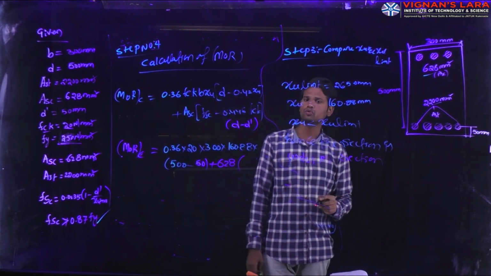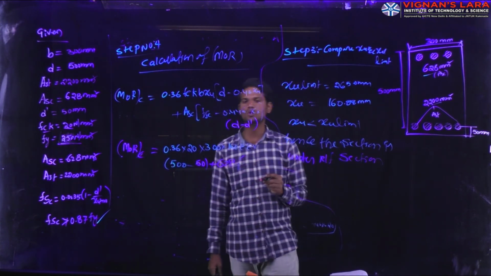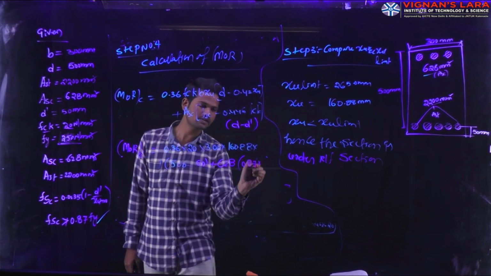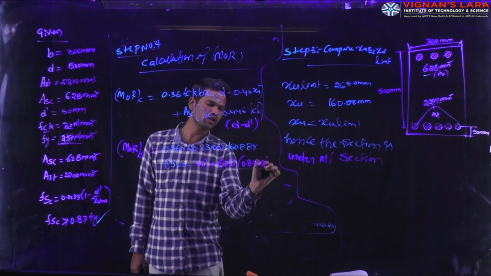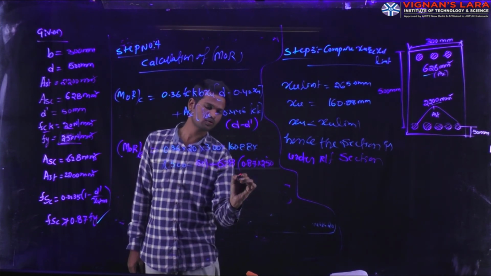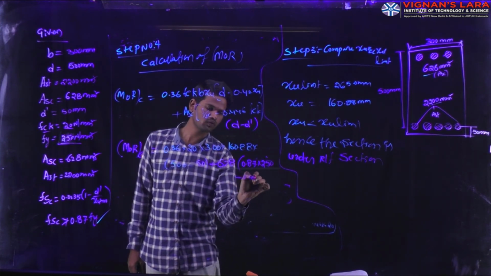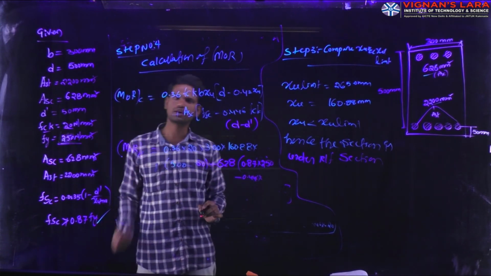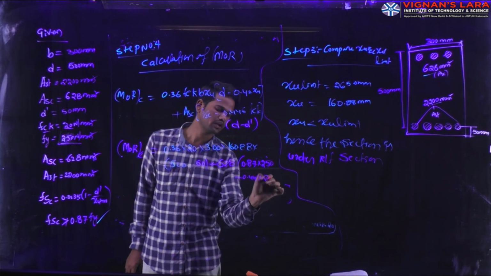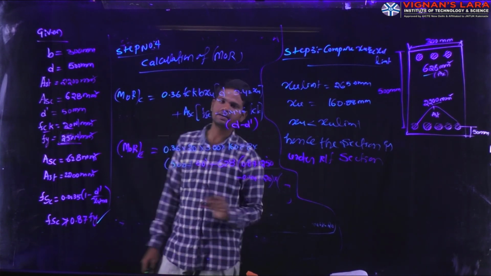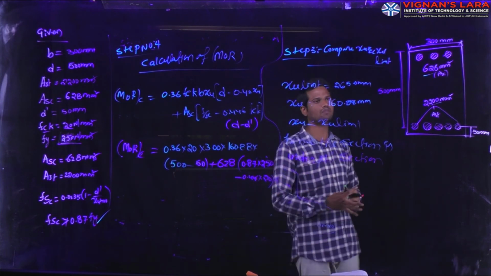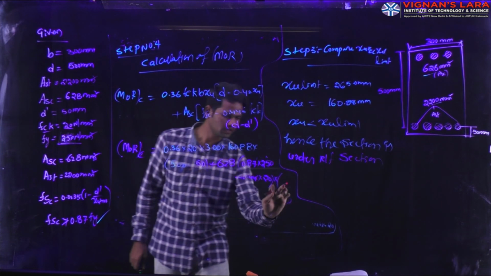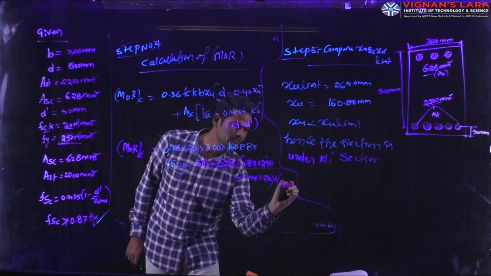For FSC we take 0.87 into FY, where this value is 250 Newton per mm square, minus 0.446 into FCK, the grade of concrete, 20 Newton per mm square, into D minus D dash, the lever arm distance, total effective depth minus effective cover, that is nothing but 500 minus 50.